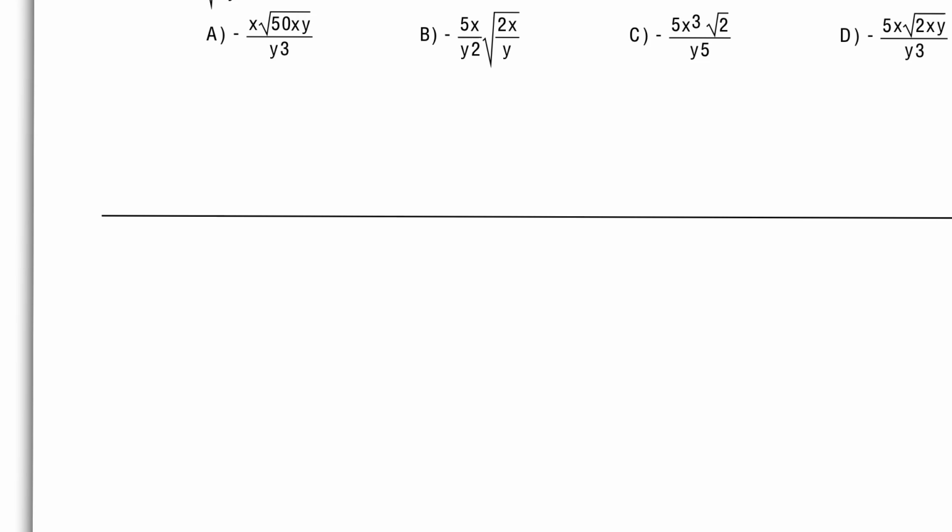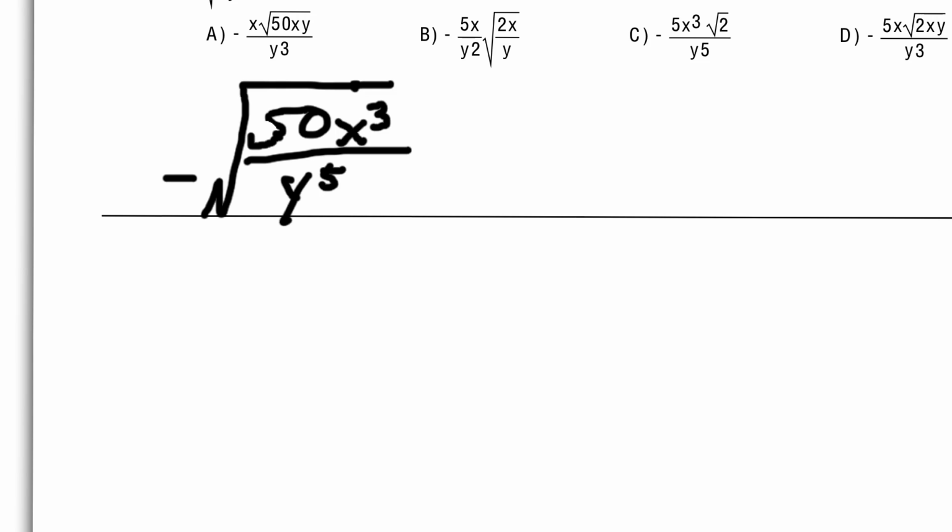We could multiply y to the 5th over y to the 5th times this thing, and that would rationalize our denominator here. But since there are a number of things that can be taken outside the radical, because we can find the square root of them, let's do that first.